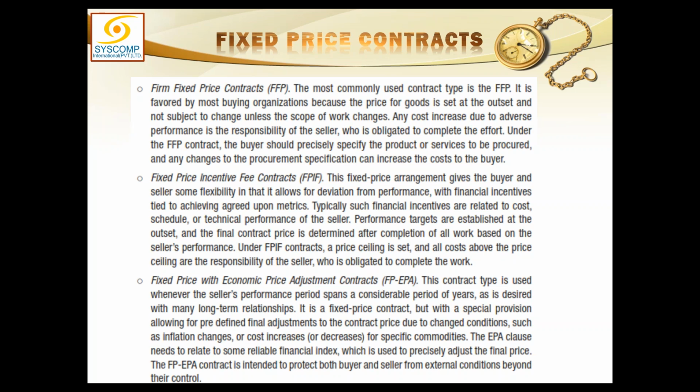Whenever there is a change in the price of the dollar, the cost of the contract will be revised. So economic price adjustment is the adjustment made according to the current economic conditions. So these are the three types of fixed price contracts.